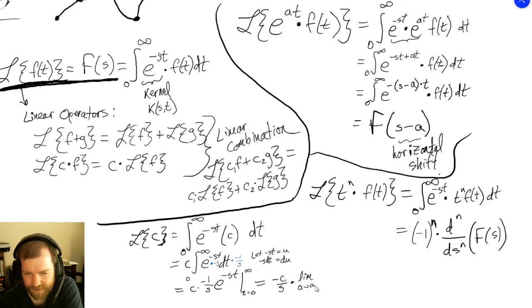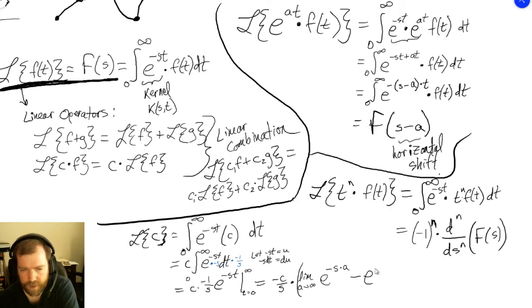A goes to infinity of e to the negative s times a. And then we are subtracting what happens when you plug in 0. So that's going to be e to the negative s times 0. This is going to end up being negative c over s, due to the fact that this one here is going to be a 1.